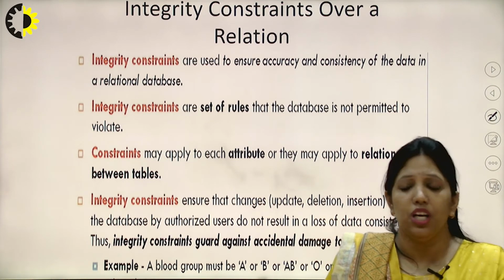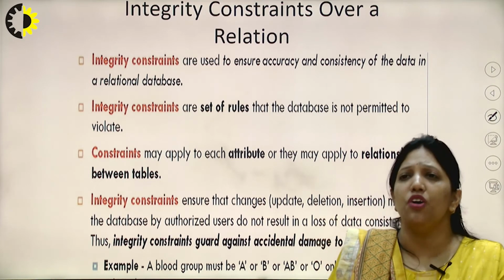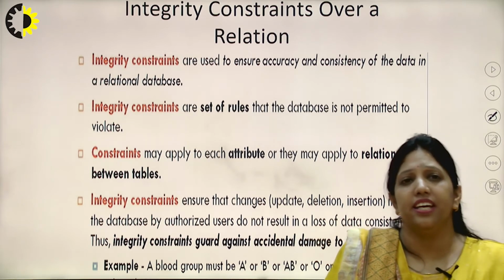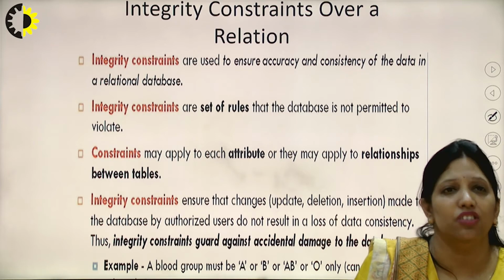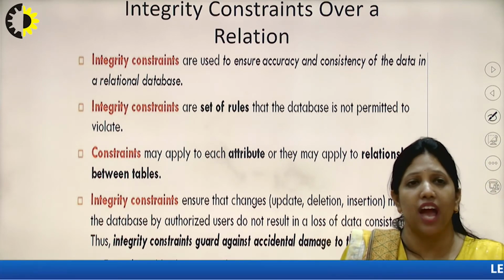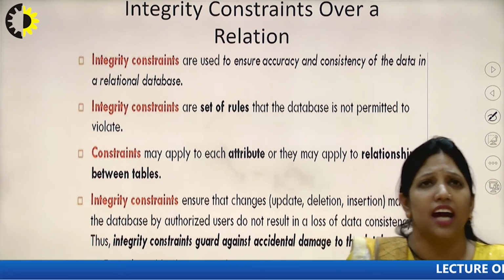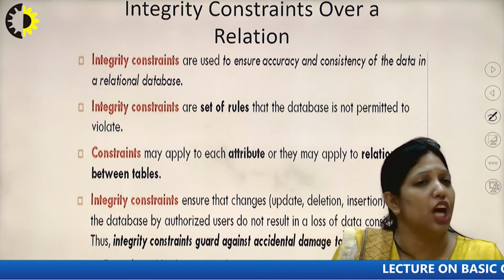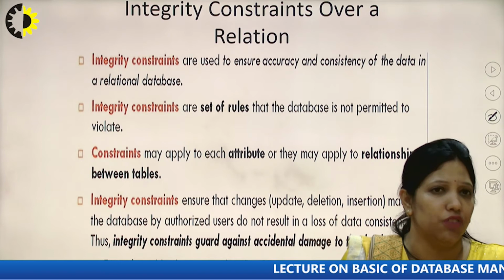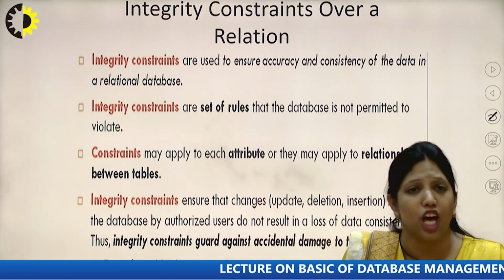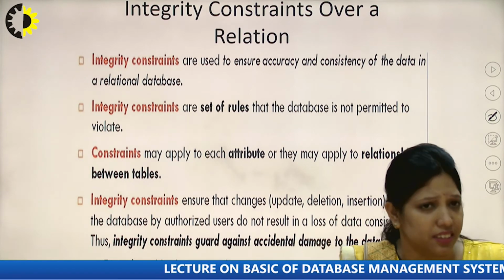For example, no amount will be debited from any account if the amount in that account is less than 1000. If the amount in any account is less than 1000, then the person is not able to debit any amount from that account. So before any debit transaction, we first check the amount in the account. This is an integrity constraint.